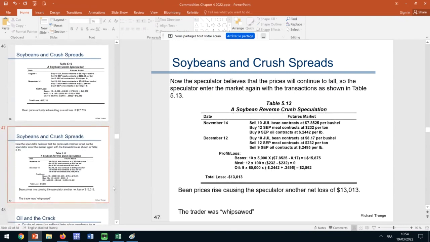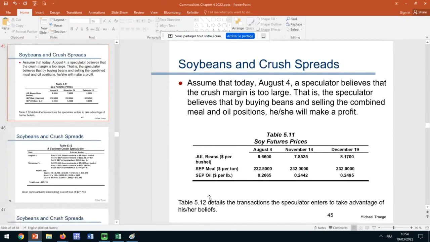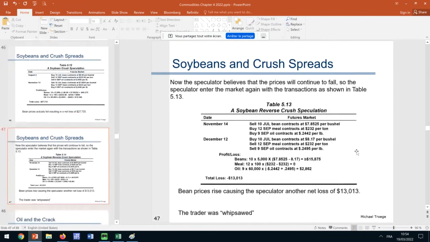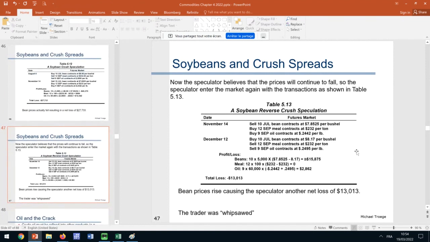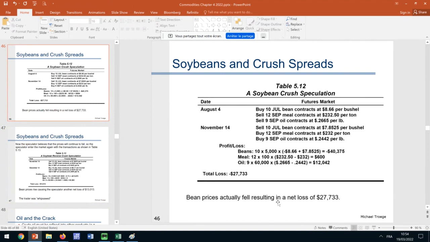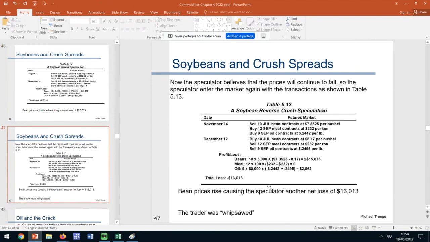Now there is a second price range here, so we can try to wait it out. We do the same thing and we wait another month, from November to December, and we realize another loss.